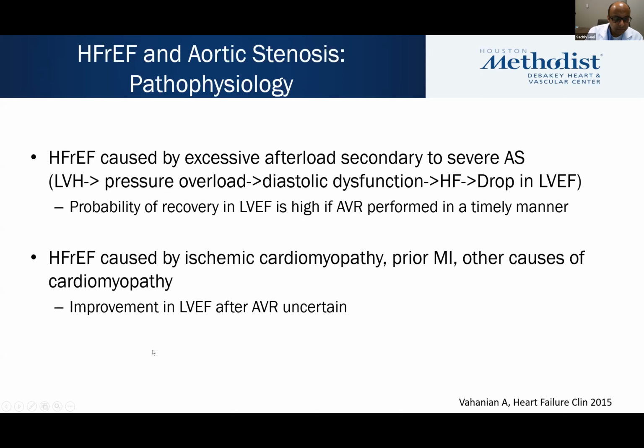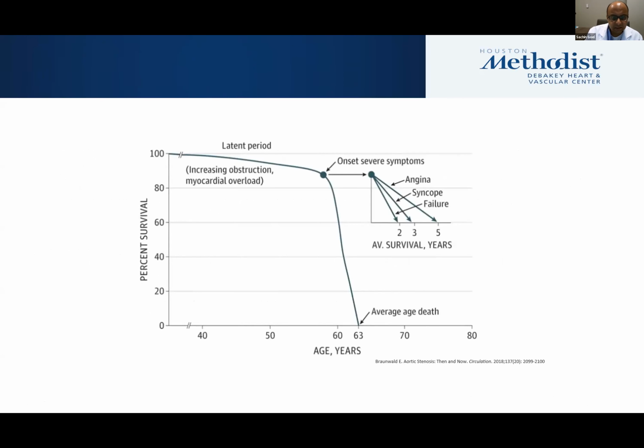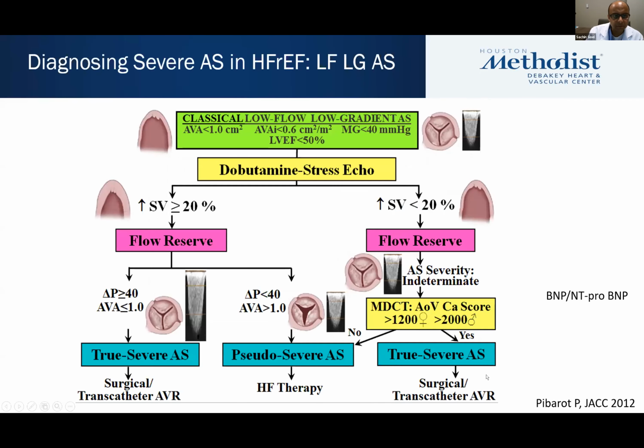On the other hand, we do see patients who have HFrEF caused by ischemic cardiomyopathy, prior myocardial infarction, or other causes of cardiomyopathy. Improvement in this population is uncertain and depends on a case-to-case basis. This is a classic Braunwald slide showing that survival is poor after onset of heart failure without an intervention. The 2-year mortality is 50% without an intervention.